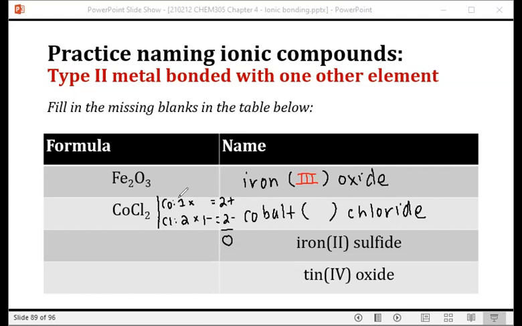Which means that since we only have 1 atom of cobalt, that 1 atom of cobalt must have a charge of 2+. 1 atom times a charge of 2+ equals 2+ altogether from the cations. When you add that together with the total charge from the anions, you get 0, which is what we need for an ionic compound to be charge neutral. So this is cobalt 2 chloride.